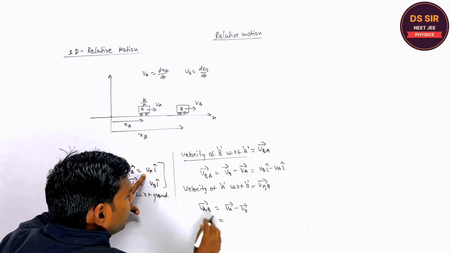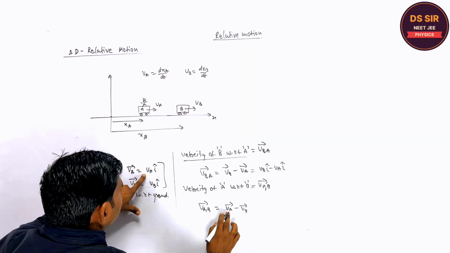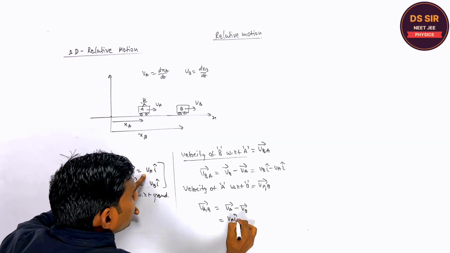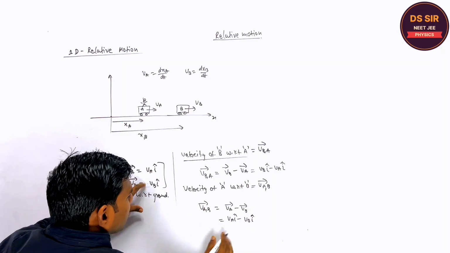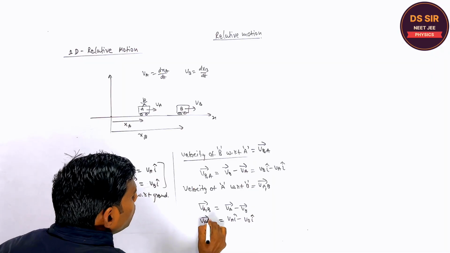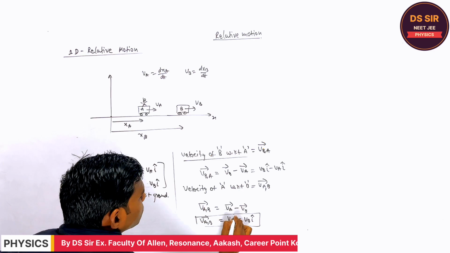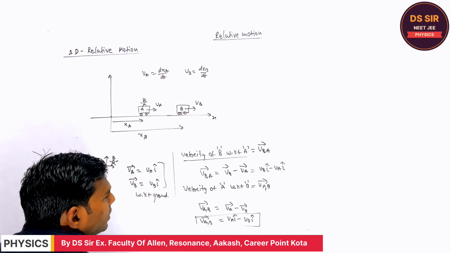Is it clear? And V(A,B) is equal to VA i cap minus VB i cap. Is it clear?